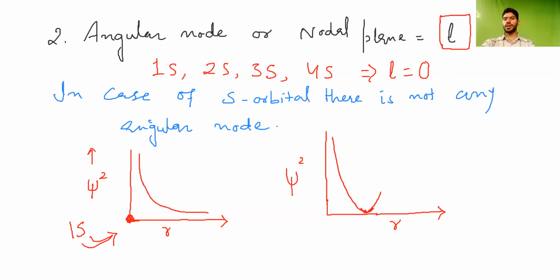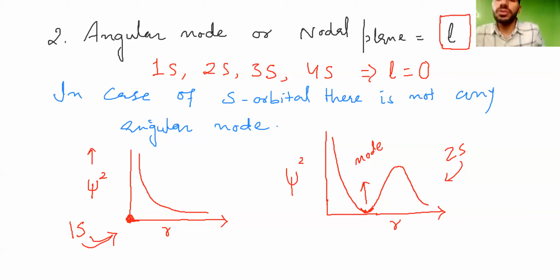That's called the node. And then it again increases, then it decreases. So this is here the node. You have to remember this. So that is the radial node. So in case of 1s, there isn't any node, but in case of 2s, this is the graph for 2s. So that means in case of 2s, there is one node. You can see it.